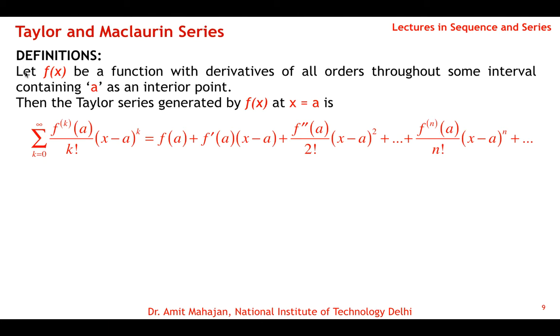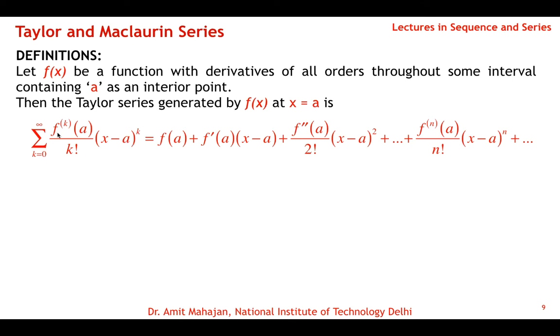Let f(x) be a function with derivatives of all orders throughout some interval containing a as an interior point. Then the Taylor series generated by f(x) at x equals a, that means in powers of x minus a, is given by this infinite power series: the kth derivative of the function at a over k factorial times (x minus a) to the power k.